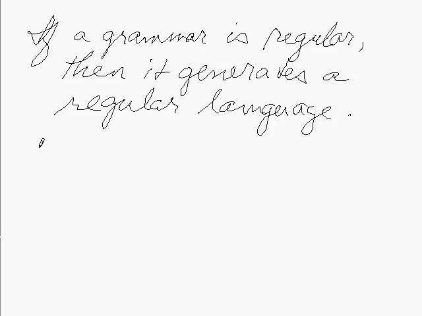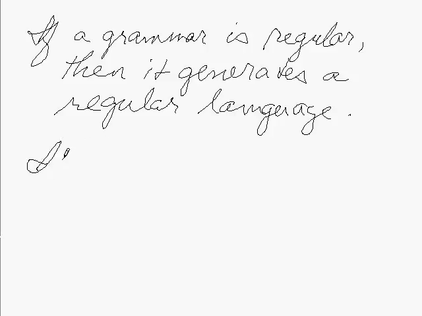What's a regular language? It's a language for which you can make a finite state machine or for which you can make a regular expression. So if you have a grammar that is regular, you know that you can also have a machine for that language, a finite state machine for that language. You can also have a regular expression for that language.